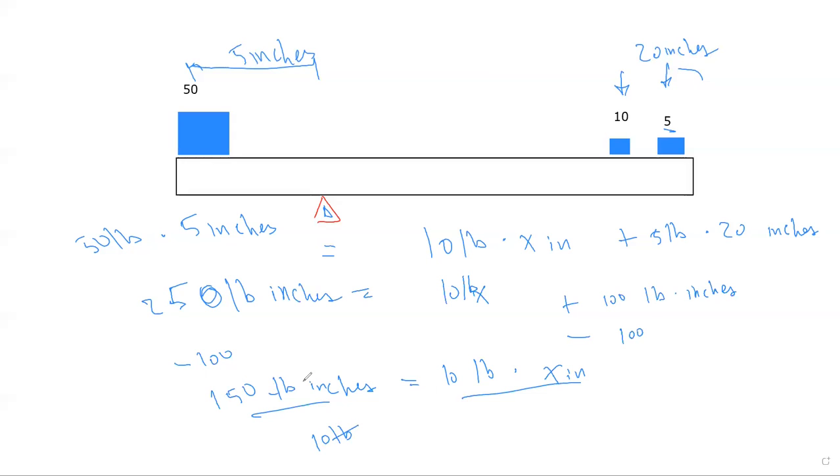The pounds cross out, and we're left with 15 inches is our distance. So now we know if we have a 50-pound object 5 inches away from the fulcrum and a 5-pound object 20 inches away from the fulcrum, this 10-pound weight will need to be 15 inches from the fulcrum to balance the entire system.